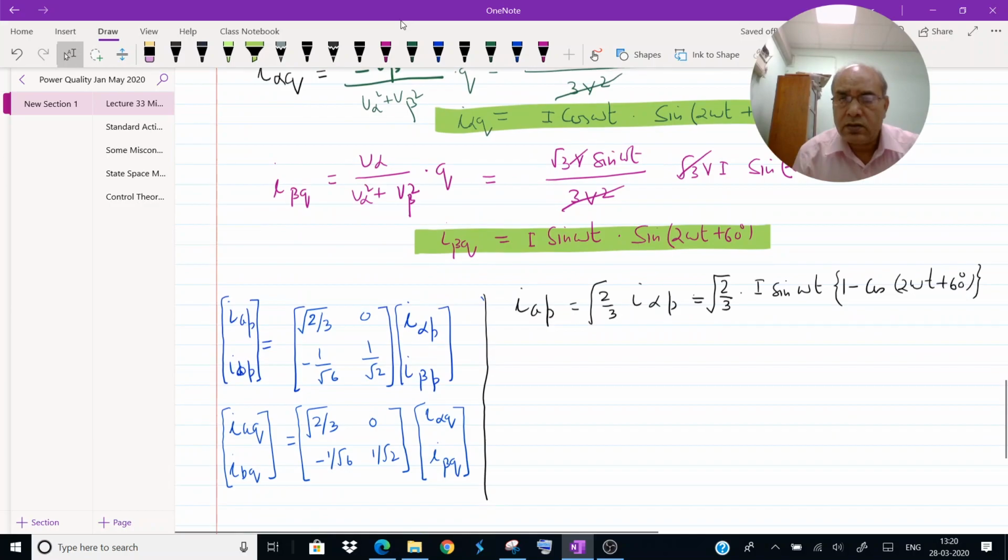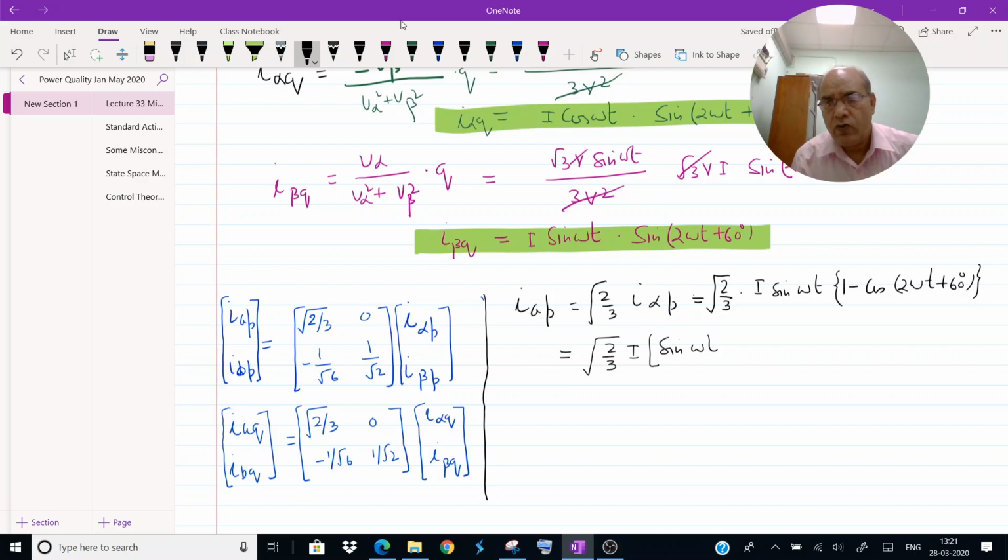We can expand these two terms, so it becomes 2 by 3 square root I inside, which becomes sine omega t and minus sine omega t, plus into cos 2 omega t plus 60 degree.